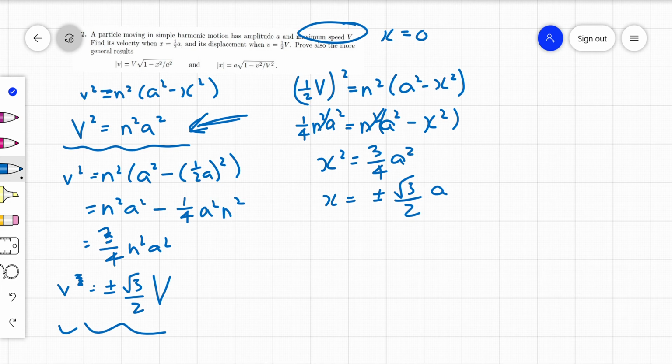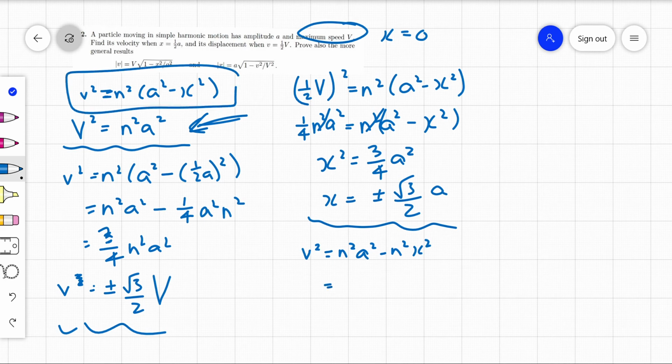All right, so we also want to prove these general results. The next one has a capital V in it, so it's got the maximum speed in it, and it doesn't have any n's in it. So let's start again. v squared is n squared a squared minus n squared x squared. We know n squared a squared is capital V squared, so I've got that in now. I also have to get rid of this n squared.